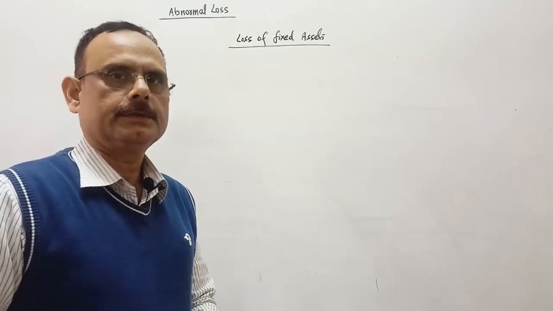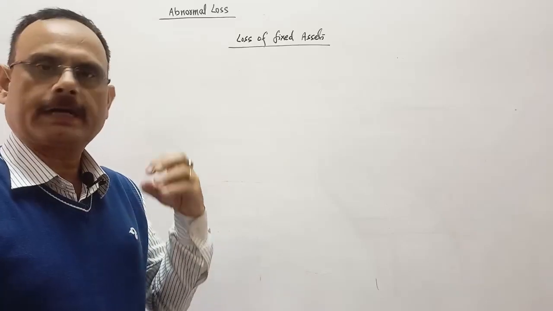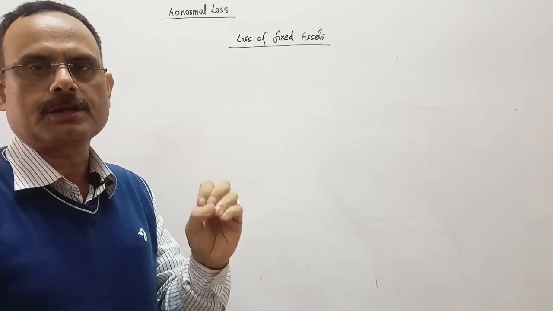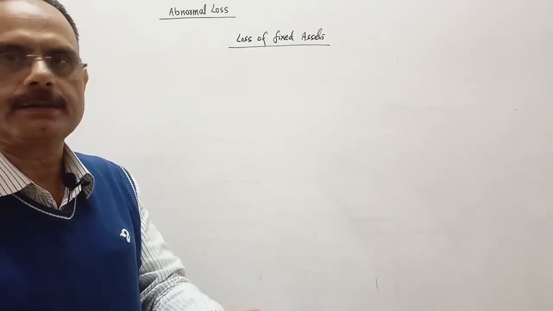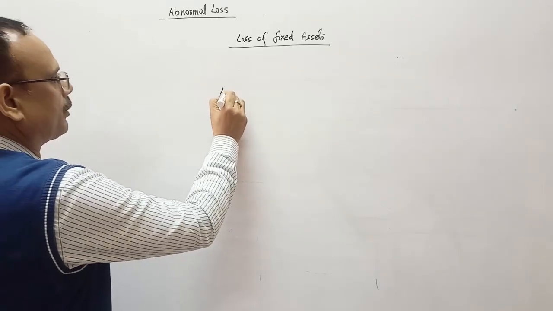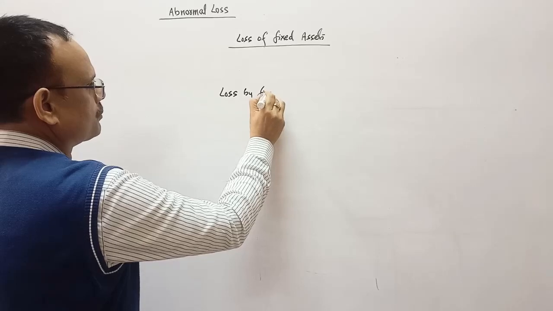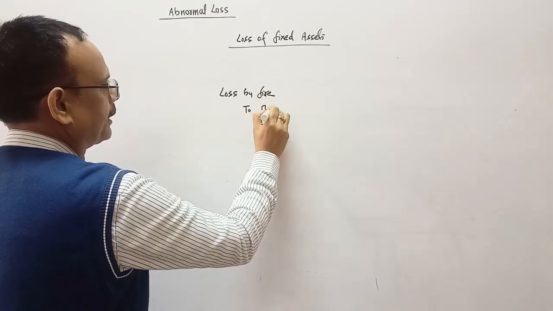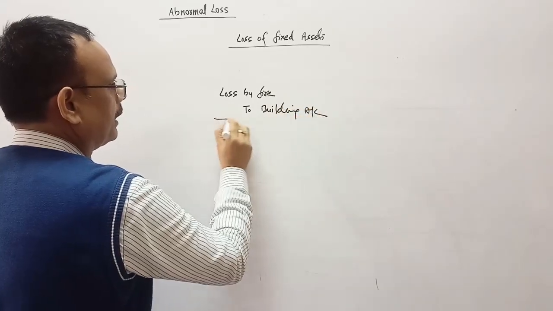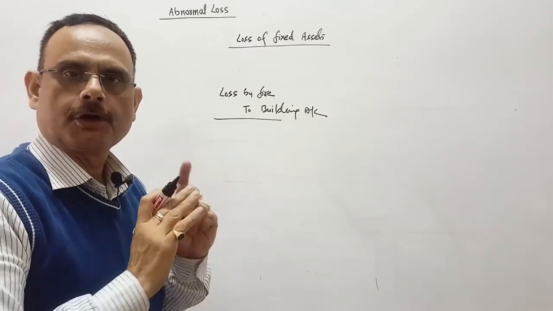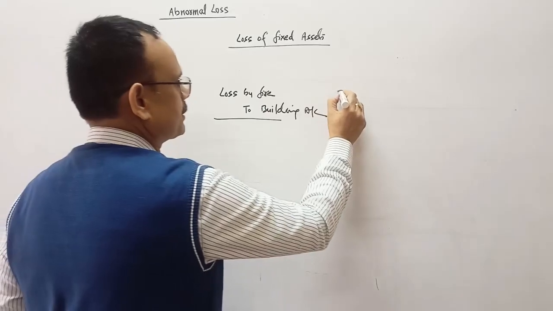Is it clear? If any fixed asset is lost by fire or any abnormal loss occurs related to a fixed asset, suppose the building is lost by fire, then loss by fire account debit to building account. Suppose there is no insurance related to the building, so this is a complete loss of, suppose, 2 lakhs.